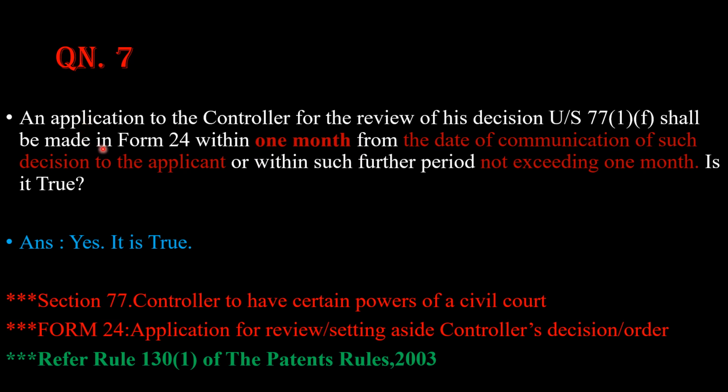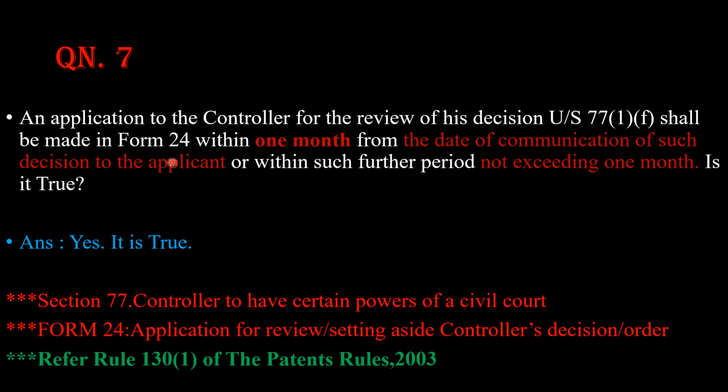It shall be made in form 24, and the period is within 1 month from the date of communication of such decision to the applicant. That means whenever the applicant gets that decision, within 1 month he has to file in form 24, and he or she can request the controller through his or her application to review his decision.